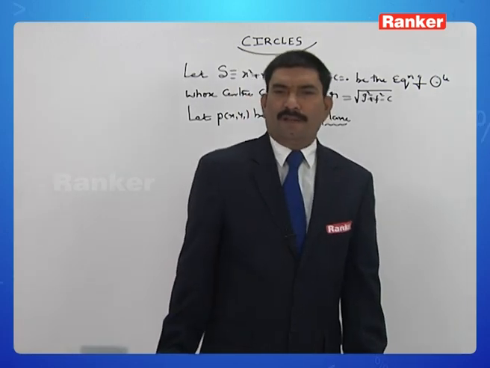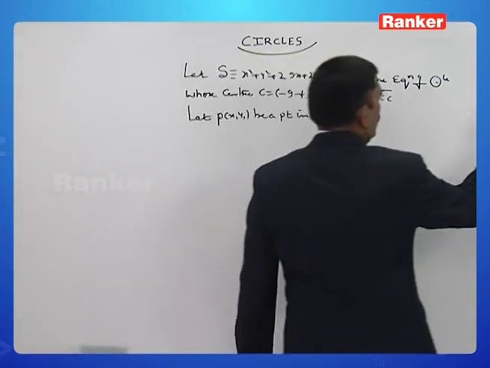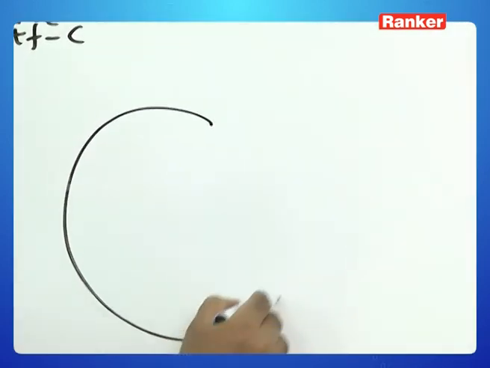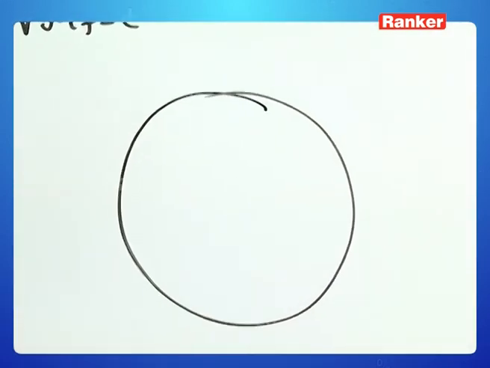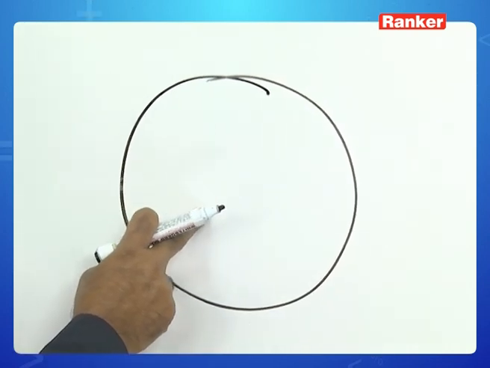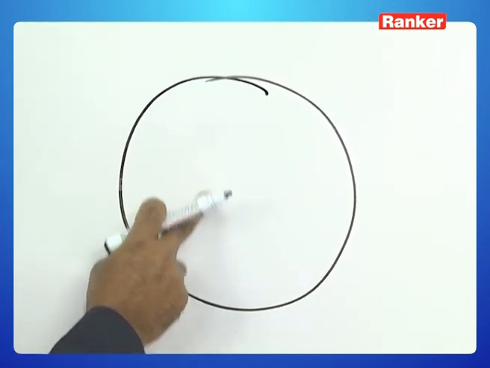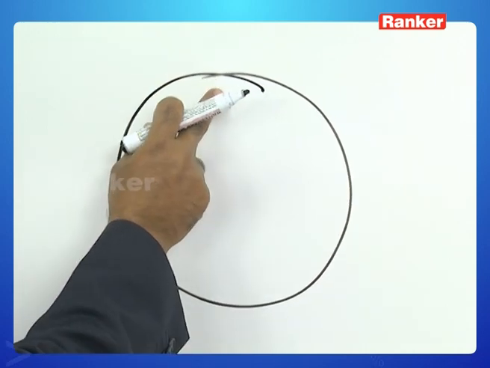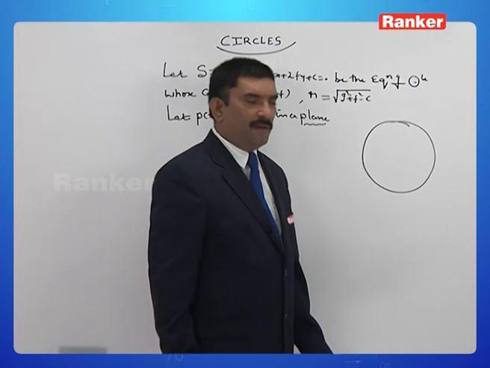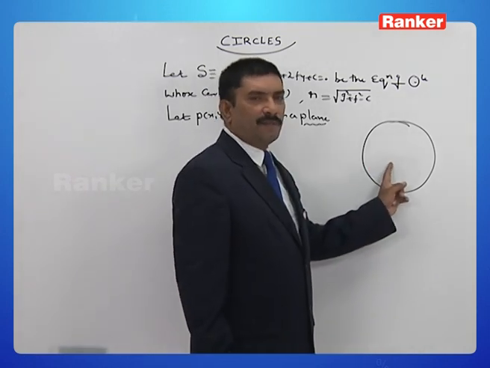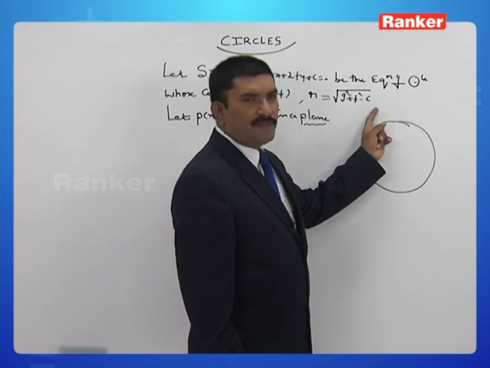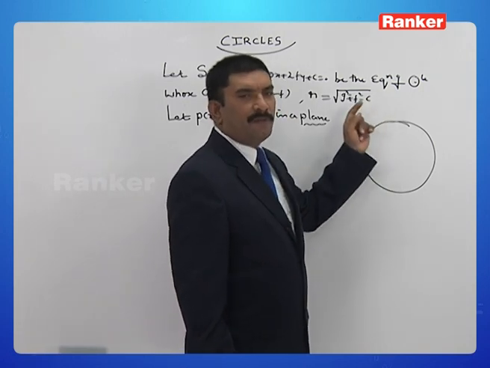Now I am going to take this as a circle. This is the interior region of the circle. This is a point on the circle. This is the exterior region of the plane.